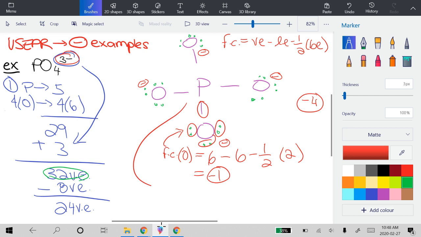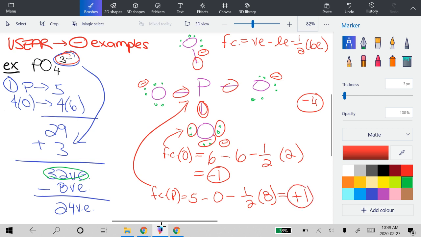So let's check phosphorus. It's in group 5, no lone electrons, and half of the 8 electrons in the bonds around it. And that's the +1. That balances out our total charge to be the -3 now. So that's pretty good. Let me try to clear things up a little.